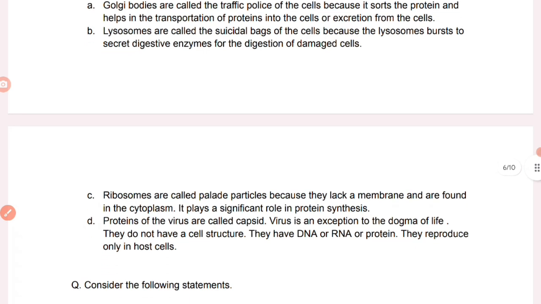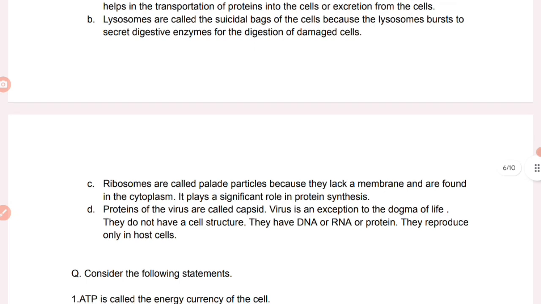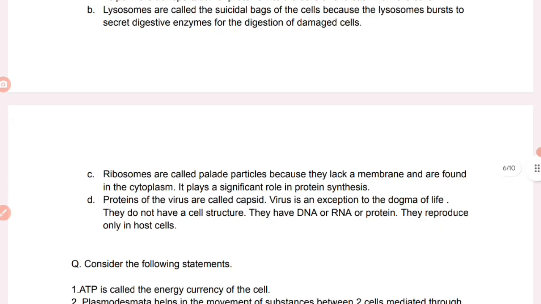Golgi bodies are called the traffic police of the cell because they sort the proteins and help in the transportation of proteins into the cell or excretion from the cell. Okay. Lysosomes are called the suicidal bags of the cell because the lysosomes burst to secrete digestive enzymes for the digestion of damaged cells.